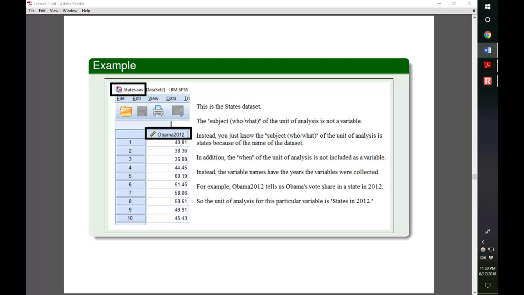Instead, the variable names seem to have the years listed in them. So for the Obama 2012 variable, which measures Obama's vote share in a state, it is safe to assume that this data was from the 2012 election. Hence, the unit of analysis for this particular variable in this data set is the U.S. states in 2012.